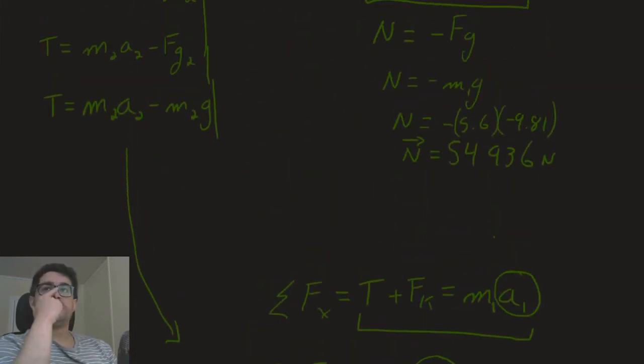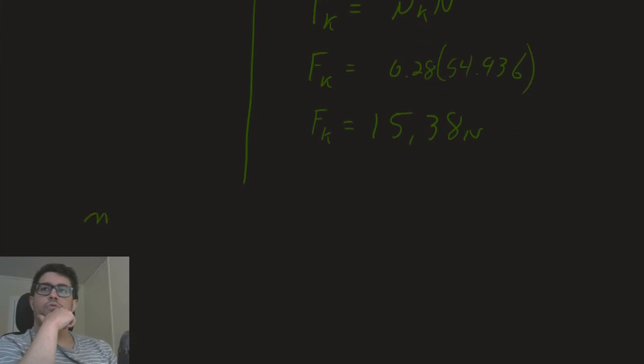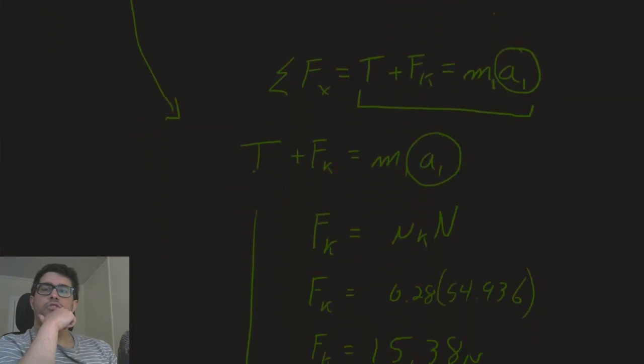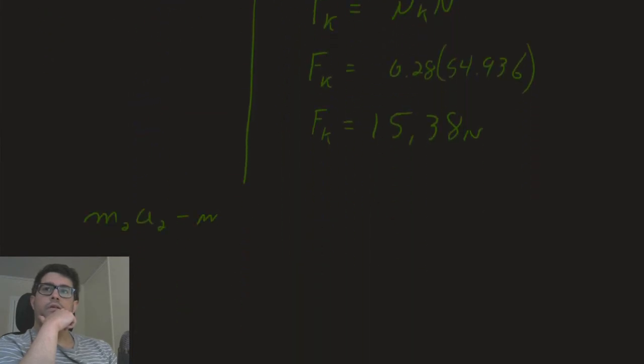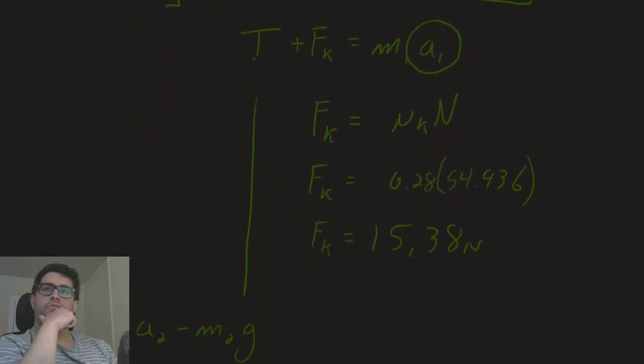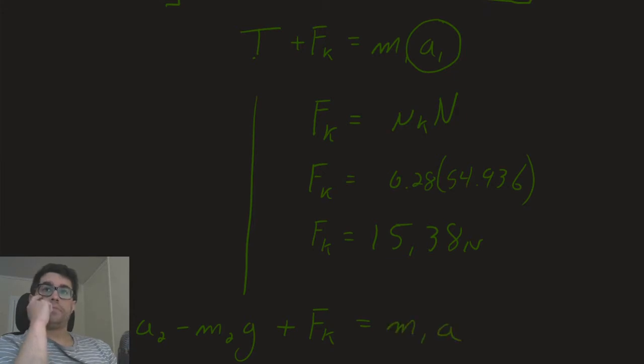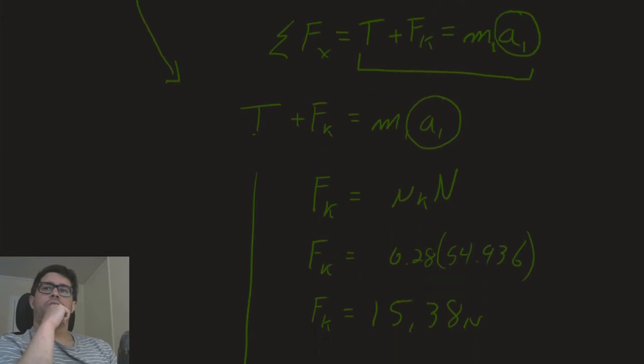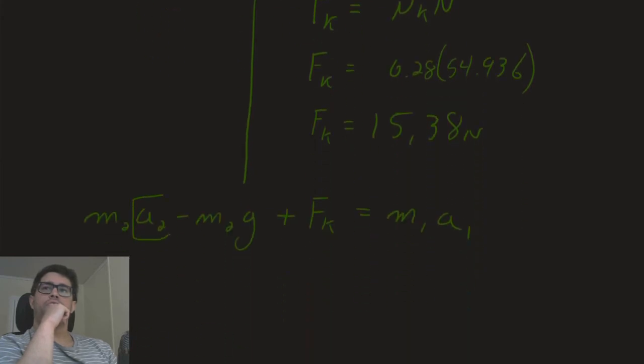Let's change this tension: M2 A2 minus M2 G is the tension plus Fk, which we found, is equal to M1 A1. So now we're going to deal with these two.